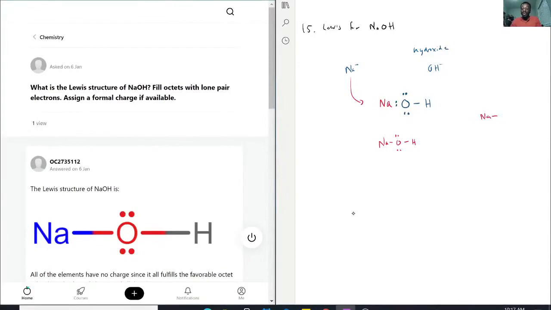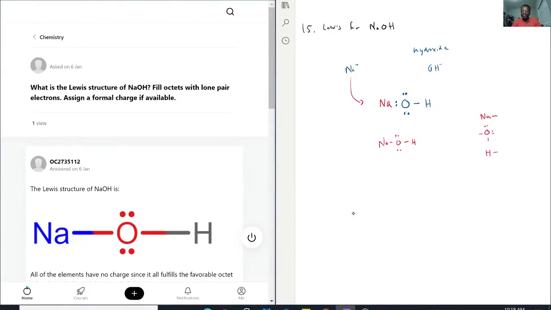That one's good. Oxygen, on the other hand, would like to have 2 bonds and 2 lone pairs, which is also what it's doing, so it is satisfied. And hydrogen, the last one, just likes to have 1 bond, and that's also what it's doing. So all the formal charges would be 0.